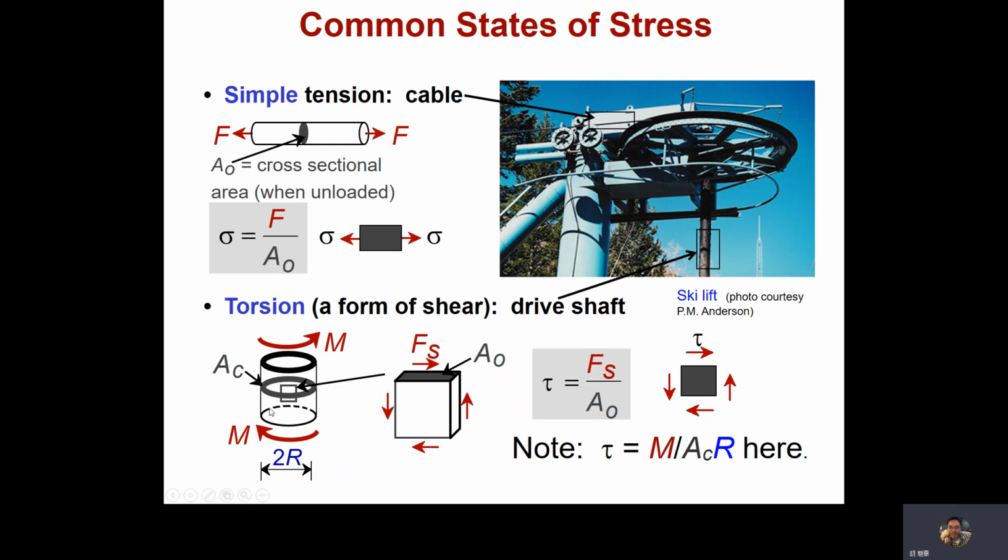When we have a rod or shaft and a couple moment applied on it, and we look at a small element on the shaft surface, we can figure out the shear force applied parallel to its element.